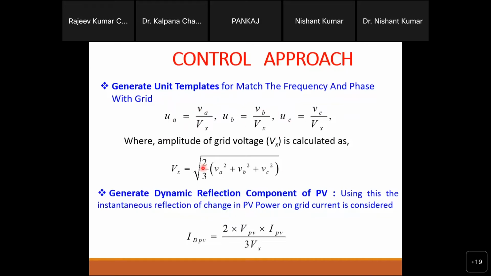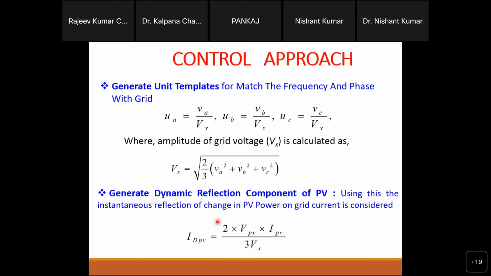Another component, as I told, is the dynamic reflection, meaning the PV side, right? So how will we calculate that? For the PV side, we take the PV power and divide it by the voltage, and then you will see the AC current equivalent of the PV. So we just take the PV power and divide by 3 by 2 Vx.